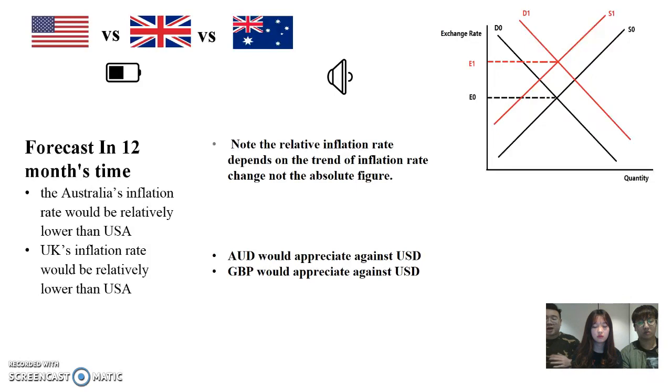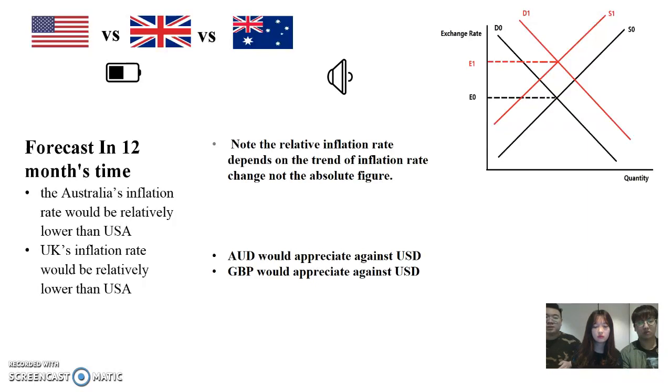If the inflation of a country is relatively lower, the price of its goods will decrease, so the country's products will have more competitive power in the world, so exports will increase and imports will decrease.